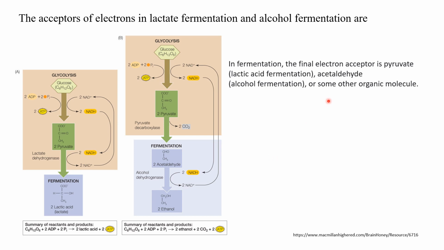So, in fermentation, the final electron acceptor for lactic acid fermentation is pyruvate, where you can see the exchange here, and for alcohol fermentation, it is acetaldehyde, which takes up 2 NADH to give 2 NAD+, or some other similar organic molecule can work in its place.